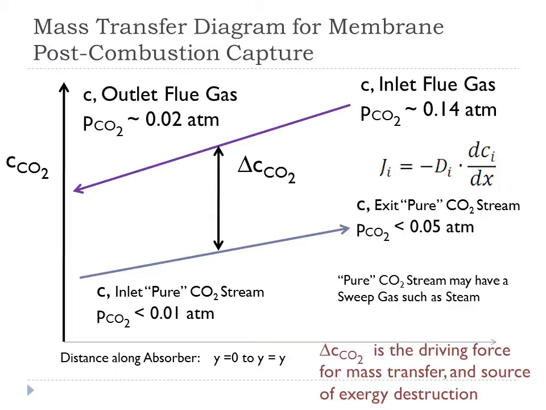So that means the partial pressure of CO2 on the pure side, or what we'll call pure, depending on whether or not there's a sweep gas, is going to have to be really, really small.